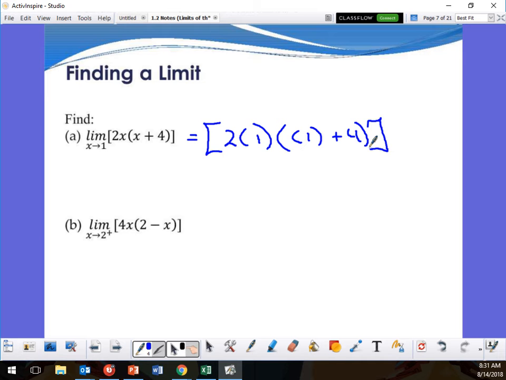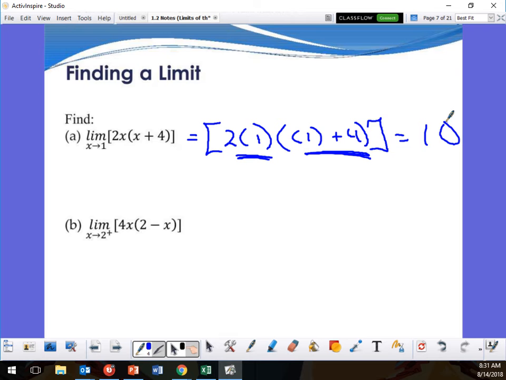So I plug it in. On the inside, this is 5, and that's 2, and there's a multiplication there. 10, right? So this is 10.